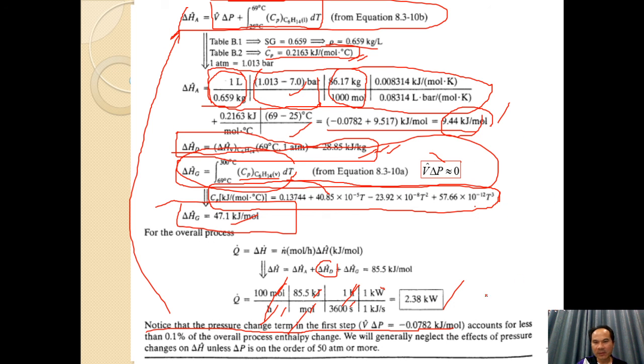For the liquid phase the pressure term is V delta P, but if we look at the value, it is about 0.0782. Compared to the other terms it is very small, so you can cancel the change in pressure. You can include it or not, don't worry about it. The value is very small, a small error.